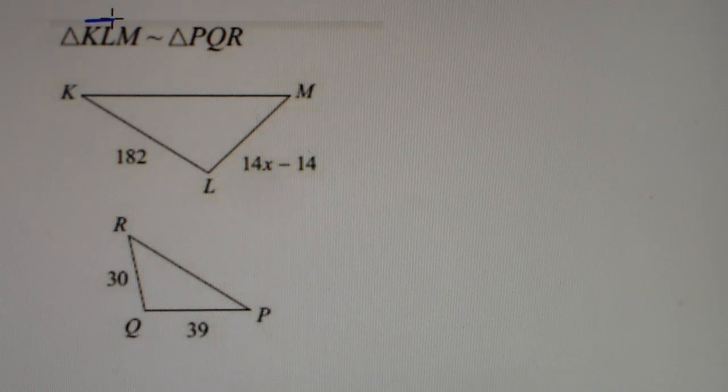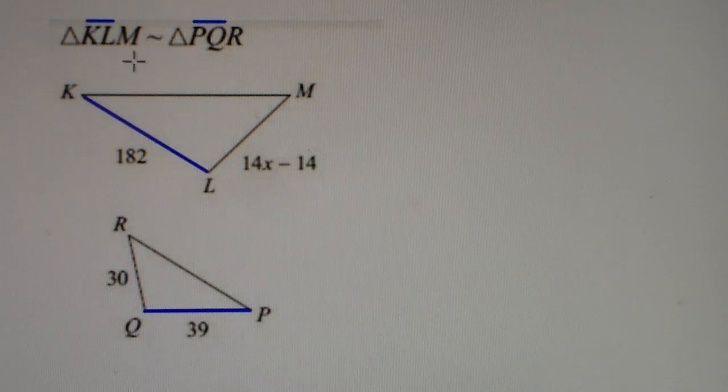KL I'm going to do in blue. So KL, this side matches up with PQ. So where's my PQ? My PQ is actually down here. So those two sides match up based on what we've been told up here.